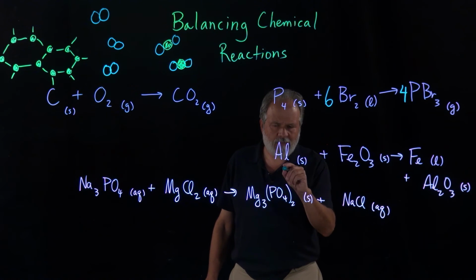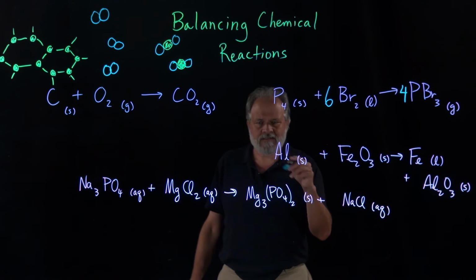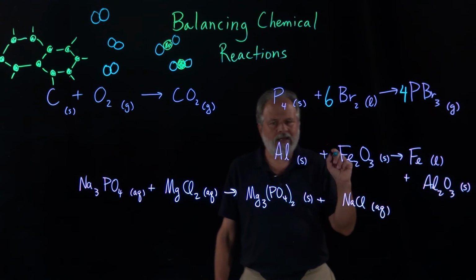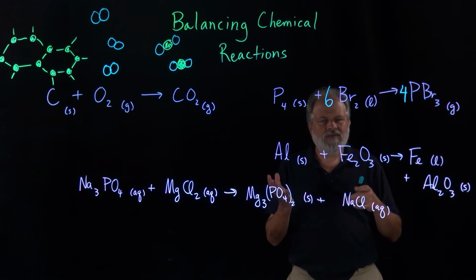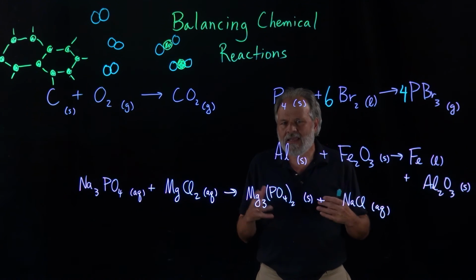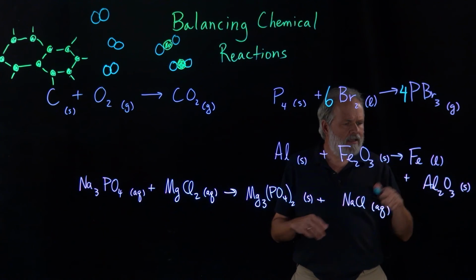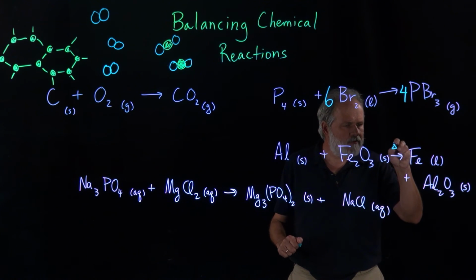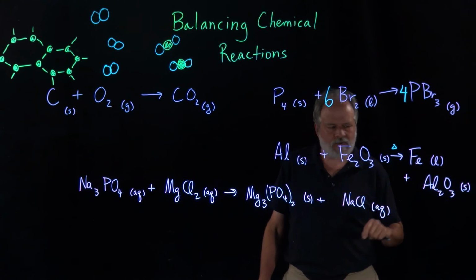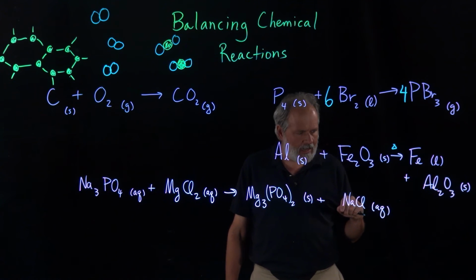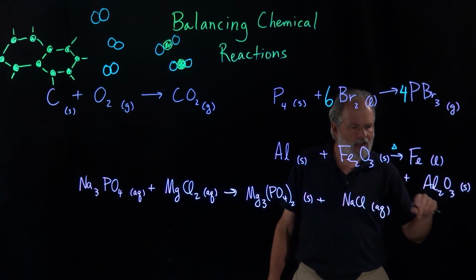All right, so another example is the thermite reaction, which takes solid aluminum powder and combines it with rust, iron(III) oxide, and they're both solids. You ignite it with some sort of source, so this requires a little heat, and it gets so hot that the iron produced will actually be molten iron, and then of course the aluminum oxide.